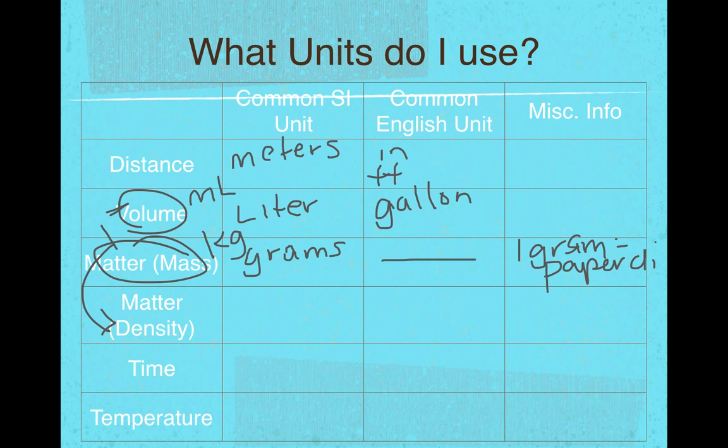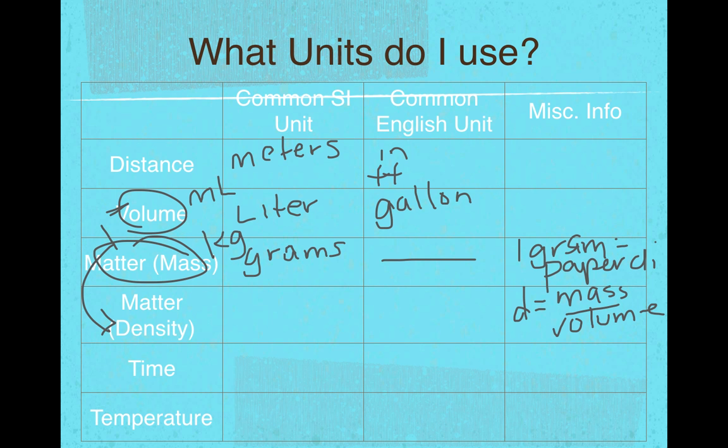And there's a little formula that you're going to need to know. Density equals mass divided by volume. Okay, so if we have the mass of an object, if we have the volume of an object, we can figure out what its density is.